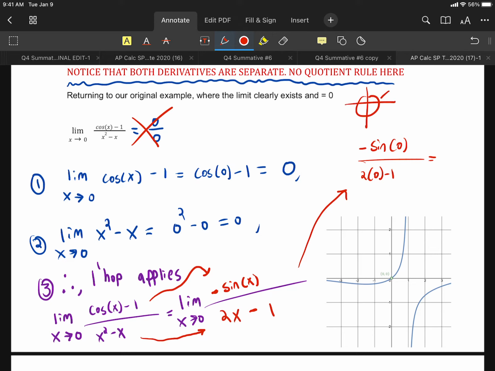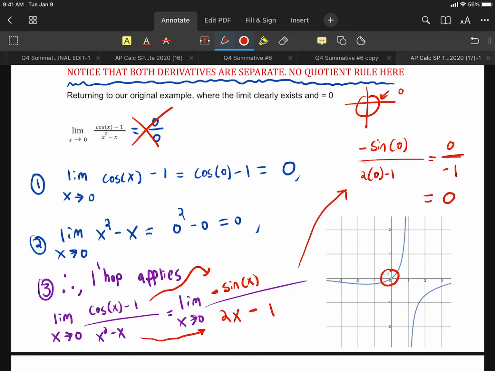The sine of 0 is 0. So we still get 0 on the top, but now we get negative 1 on the denominator. This is a perfectly fine thing. 0 divided by anything is 0. Don't forget, you can divide 0. You can divide 0 by 5, by 10, by 20. You just can't divide by 0. And so through L'Hopital's rule, we get that correct answer there.